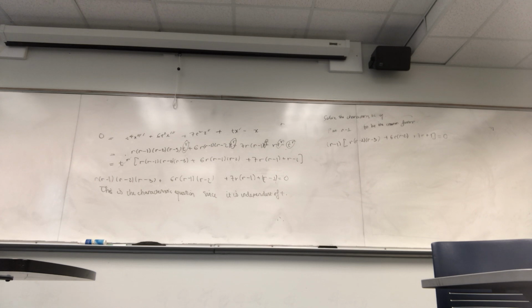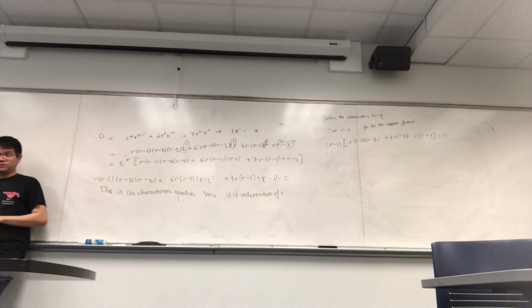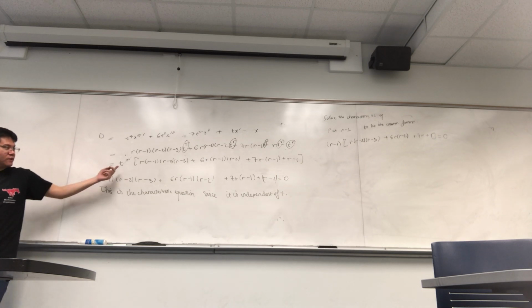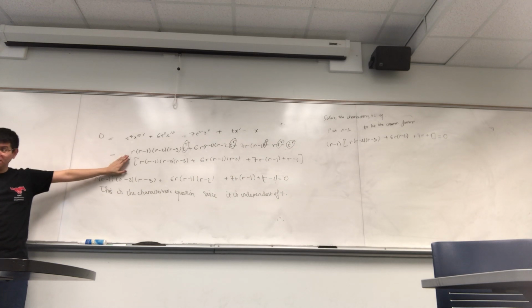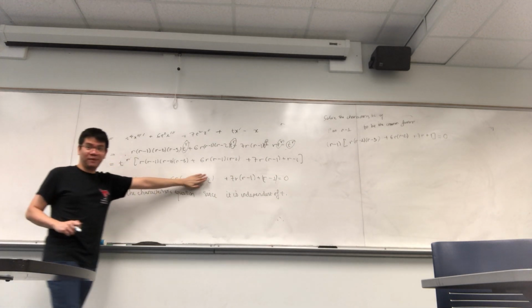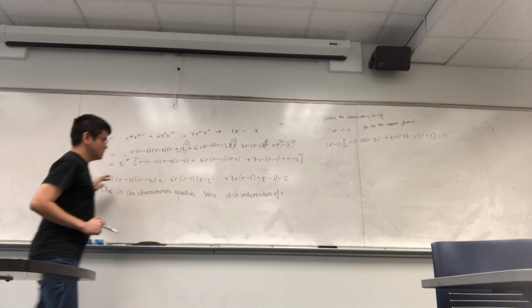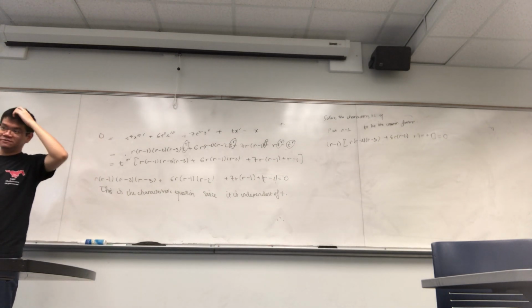Questions? I'll explain again. After you put the special solution into the equation, the special solution is of polynomial type, so x should be t to the r. When you put it into the equation, the good thing is that you can get rid of this t to the r, and you get an equation which is independent of t. Now, your job is to solve this equation.